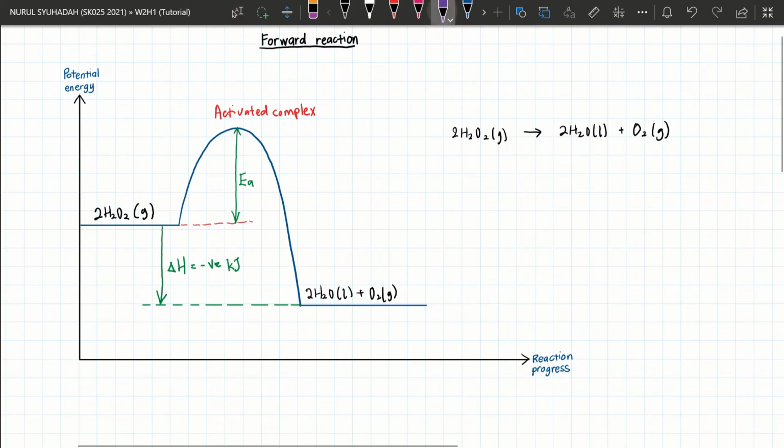So for the reverse reaction, our equation will be 2H2O liquid plus O2 gas to produce 2H2O2, and the delta H here will be positive since it will be an endothermic reaction. So now let's draw the energy profile diagram for the endothermic reaction, or for the reverse reaction.